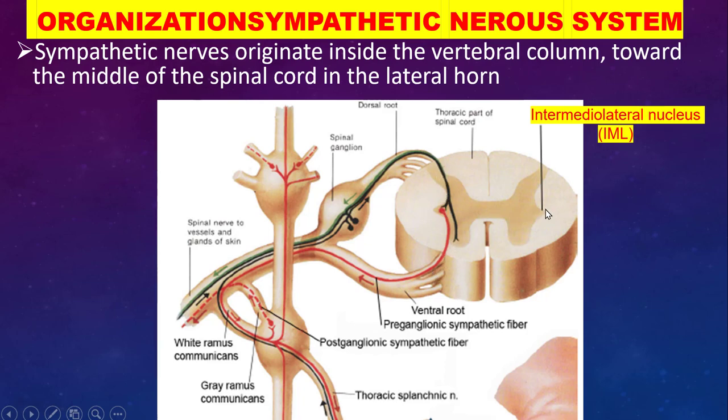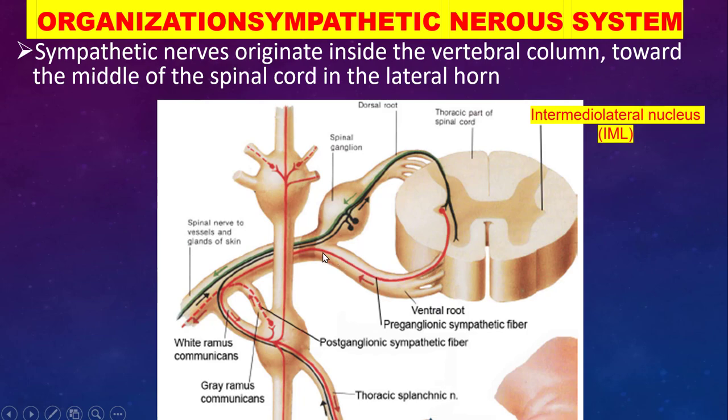So the autonomic nervous system preganglionic neuron originates from the intermediolateral nucleus. This is between the two horns of the spinal cord. It is medially located and laterally located. That's why it is called intermediolateral nucleus. And from here, the preganglionic neuron originates.